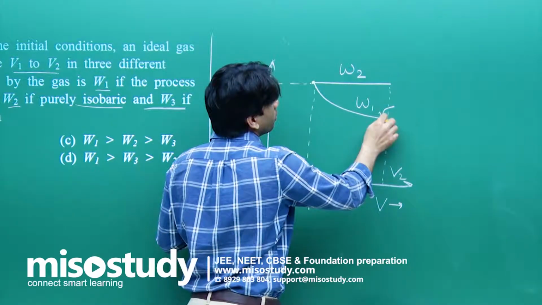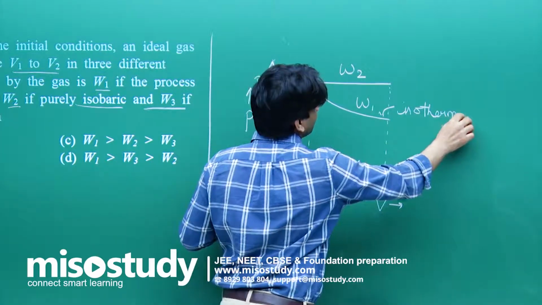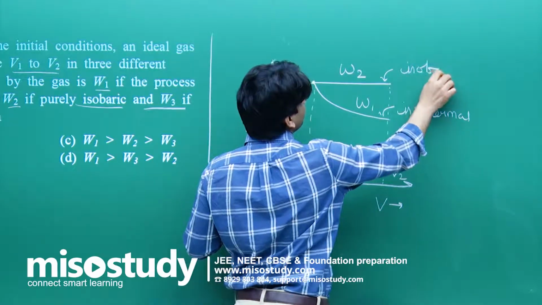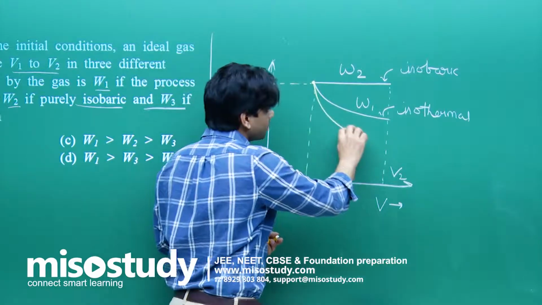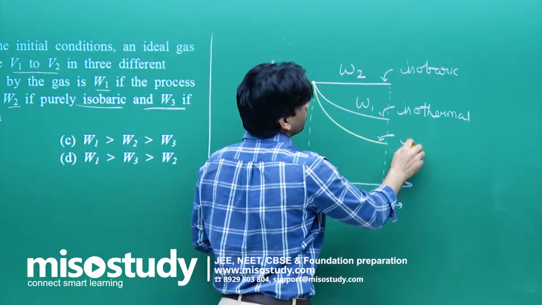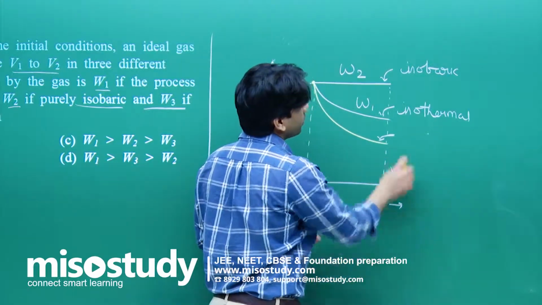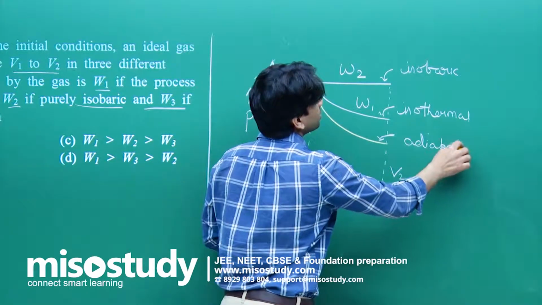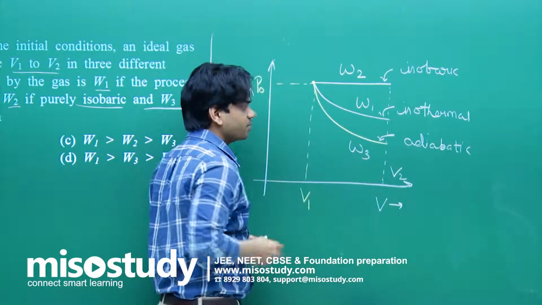Here we have the curve for isobaric, and for the adiabatic process the curve will be somewhat like this. So the work done during the third case is W3, that is what has been given.